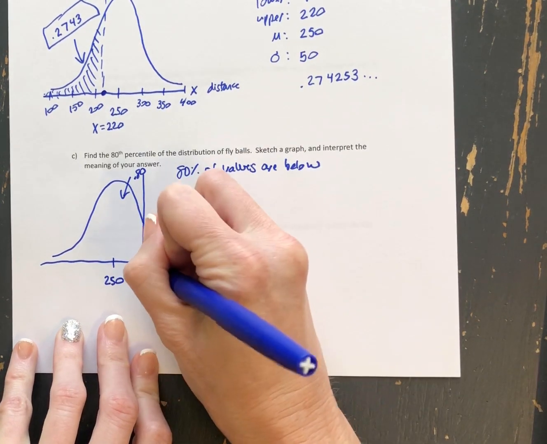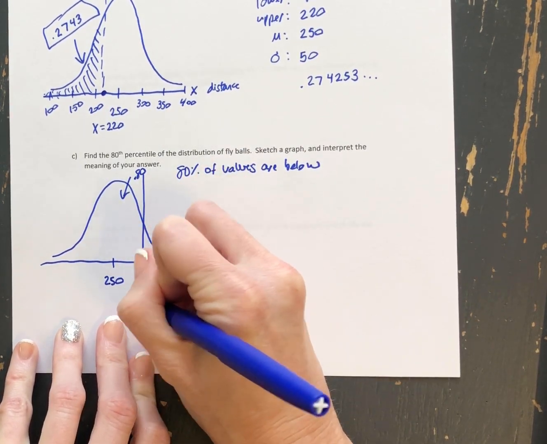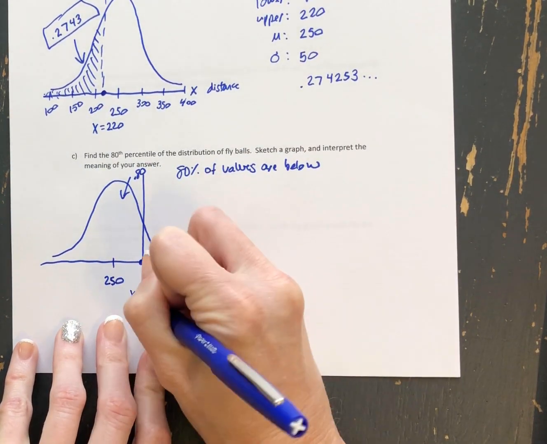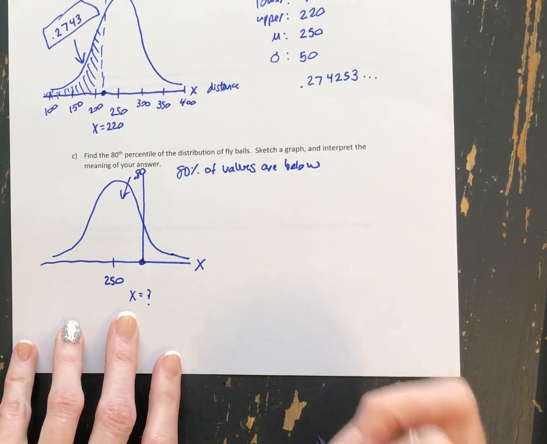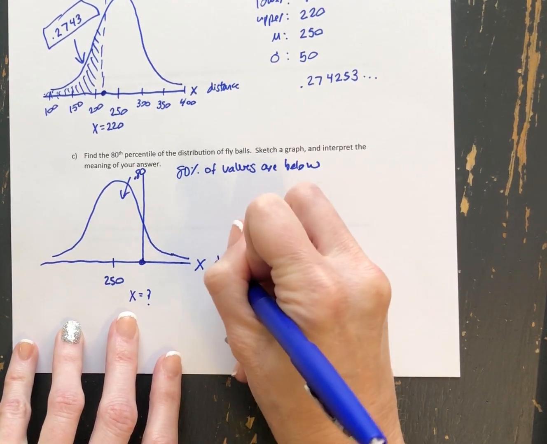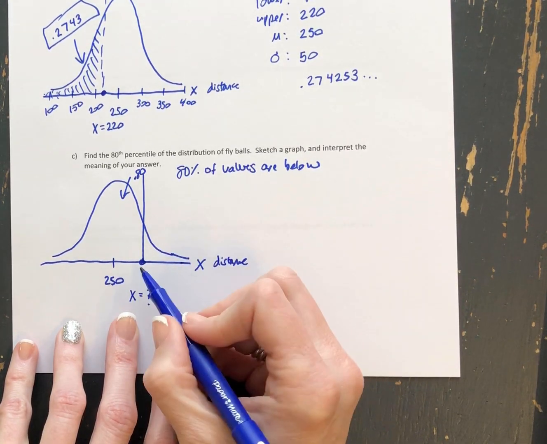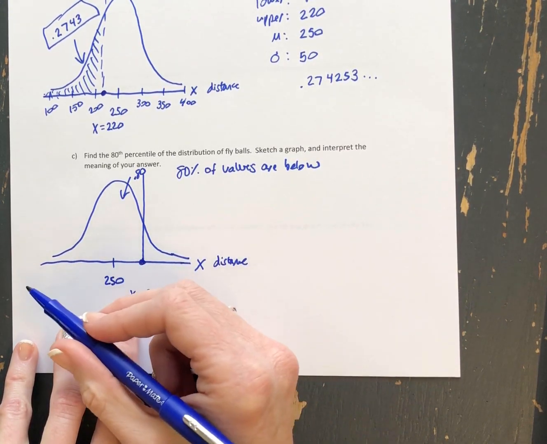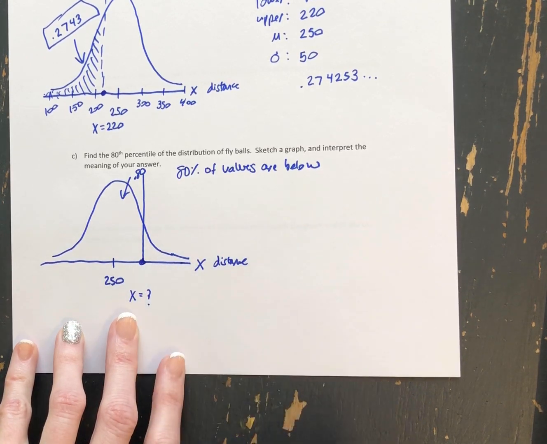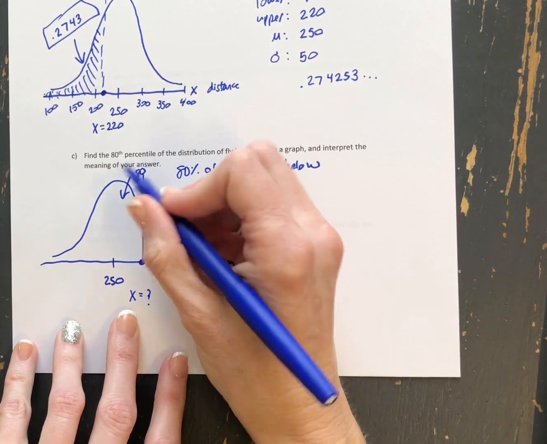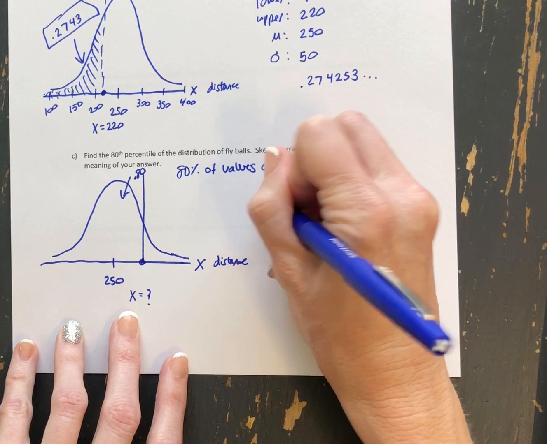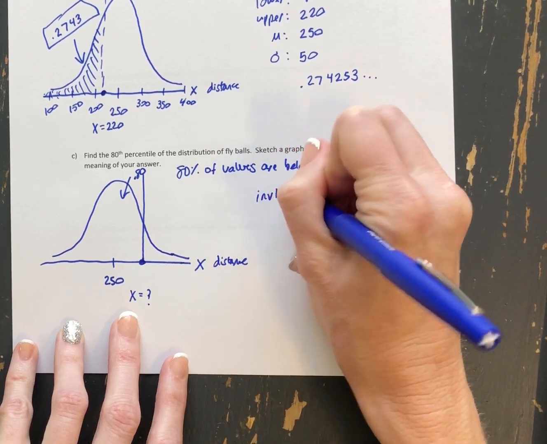And what we're looking for is, well, what is that value? What is the length, the distance of the fly ball that separates the lower 80% from the upper 20%? This is one where we are given an area. This is using inverse norm.